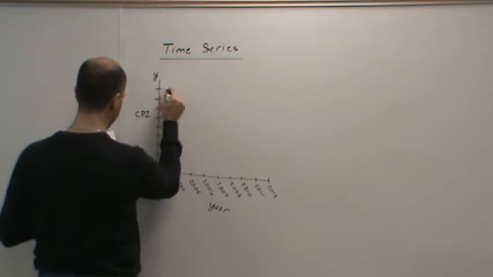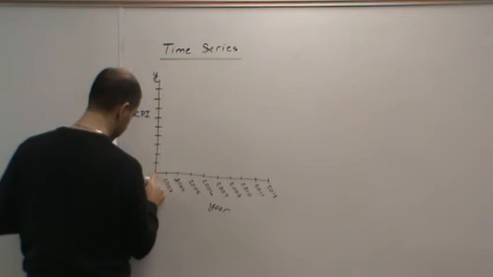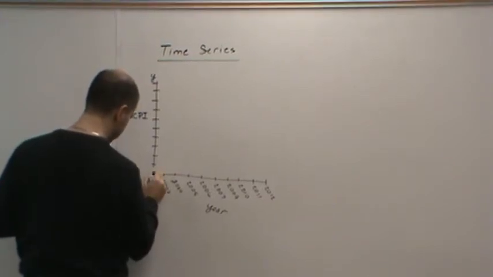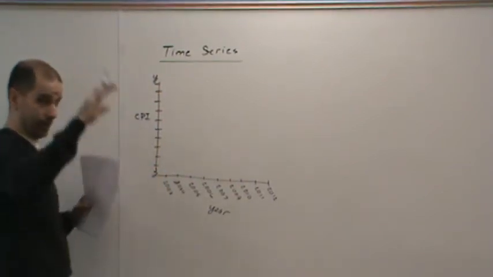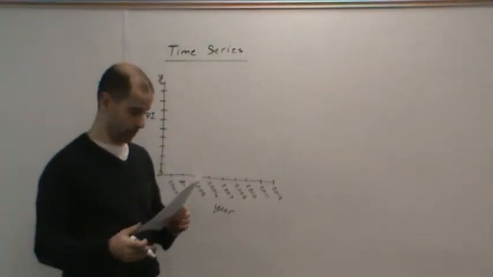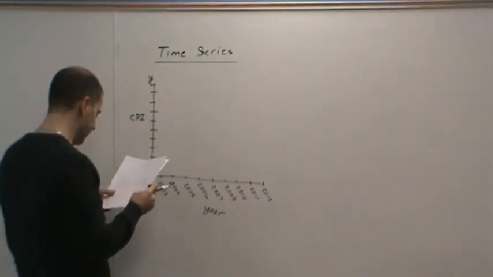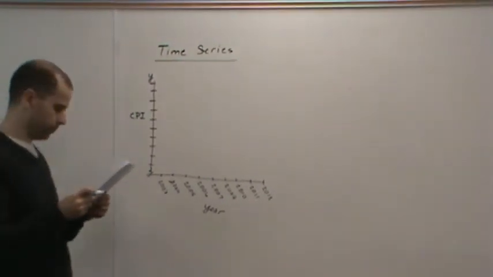I'm going to break the graph on the vertical axis now, because I'm starting at 0, but this is in the hundreds, so I don't want to start at 0 all the way up to 100. This goes from 184 to 229.